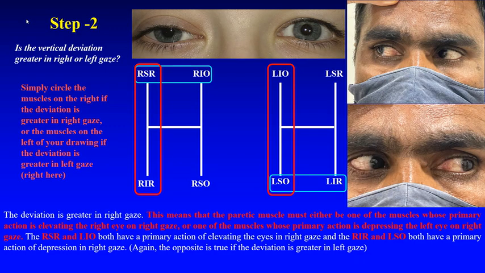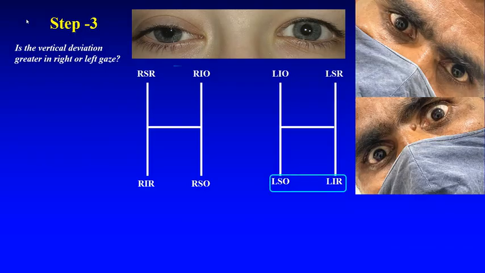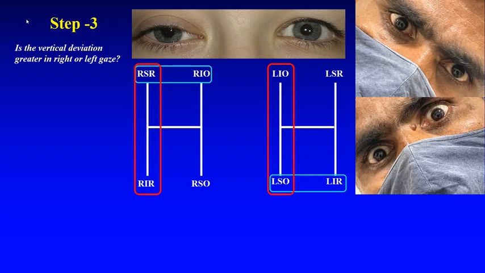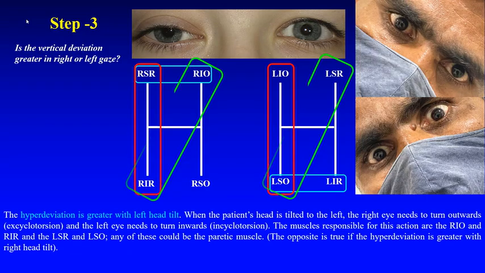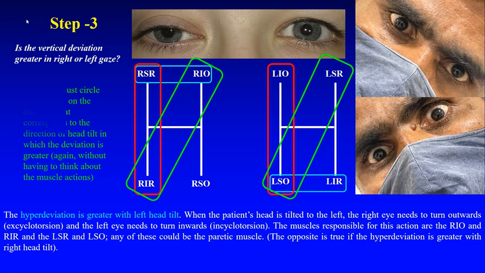So the third step is looking at whether the vertical deviation is greater in the right or left head tilt. As we can see, the vertical deviation is greater when the head is tilted to the left. When the patient's head is tilted to the left, the right eye needs to turn outwards, that is, needs excyclotorsion, and the left eye needs to turn inward, that is, incyclotorsion.